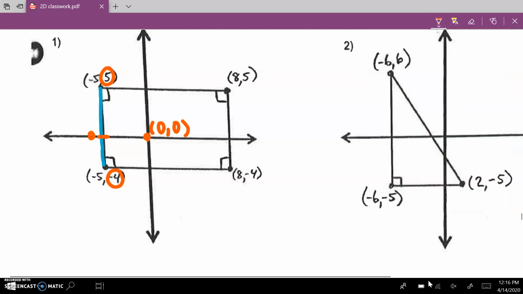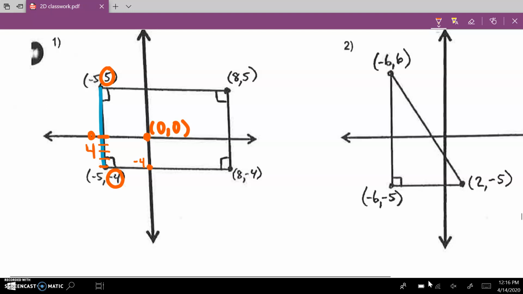If I am going down to -4, that means I'm going down 1, 2, 3, 4 slots. So this point here, this is -4. From 0 down to here, this would be 4 units long.